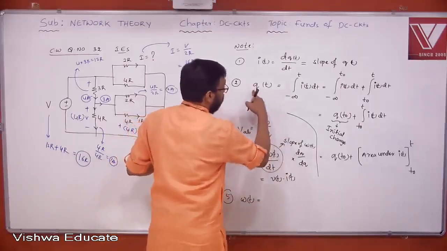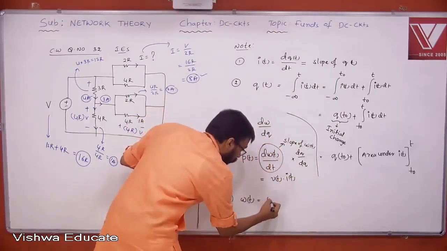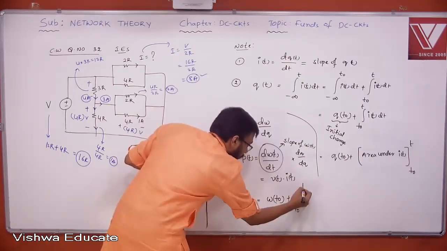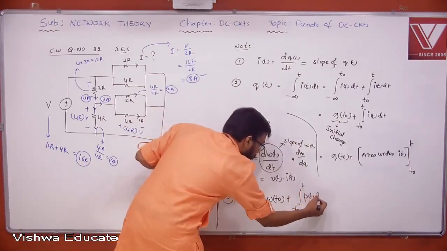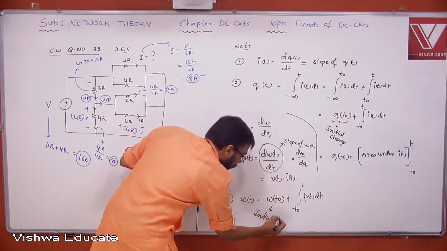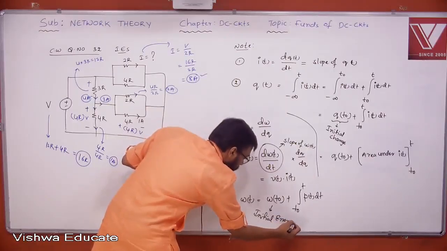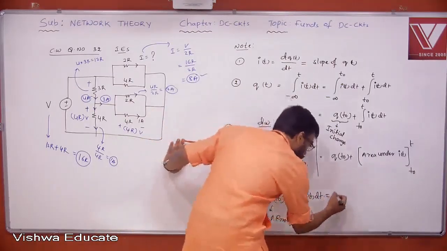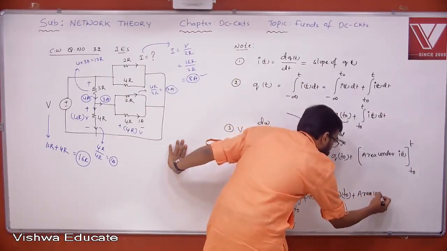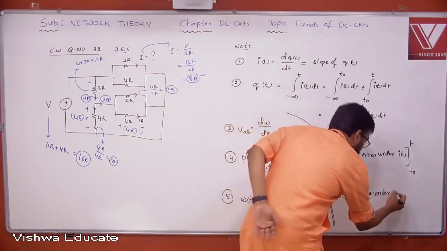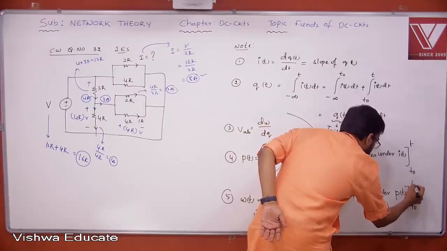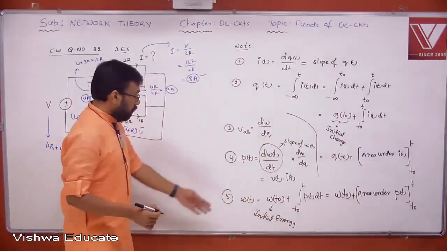W of t is W of t naught plus the integral from t naught to t of P of t dt. This is the initial energy. W of t naught is the initial energy, plus the area under P of t over the limits t naught to t, which is nothing but W of t.